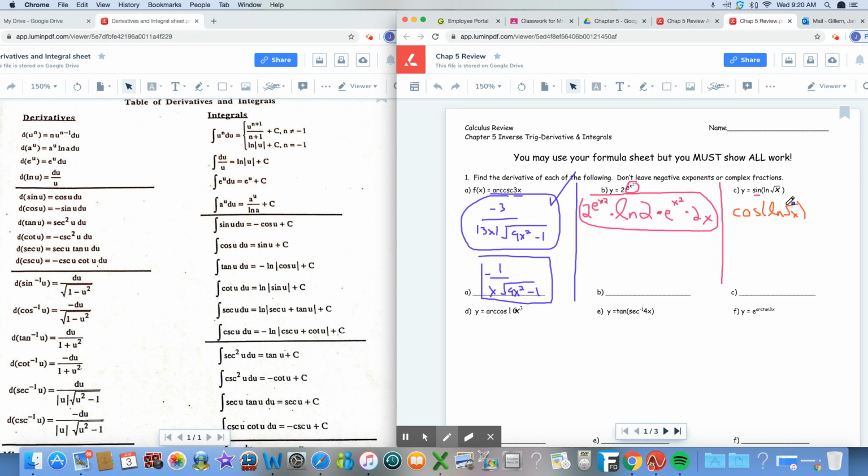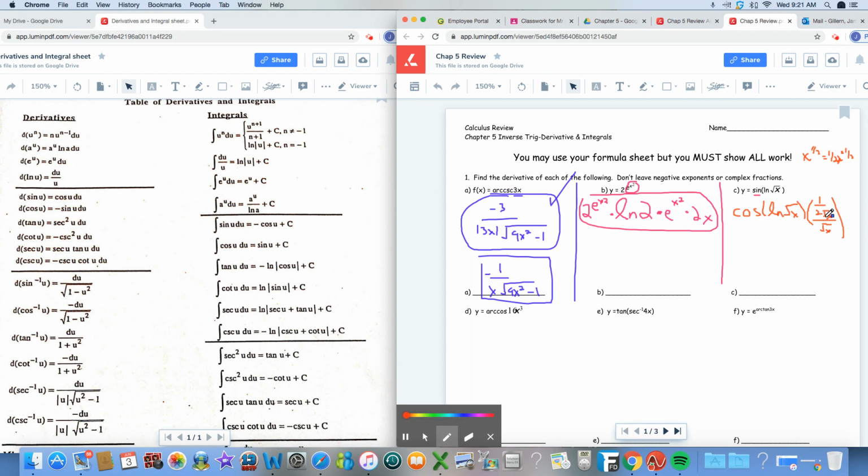So the derivative of the square root of x, remember square root of x is x to the 1/2, which is 1/2 x to the negative 1/2, which is 1 over 2 root x, over root x.